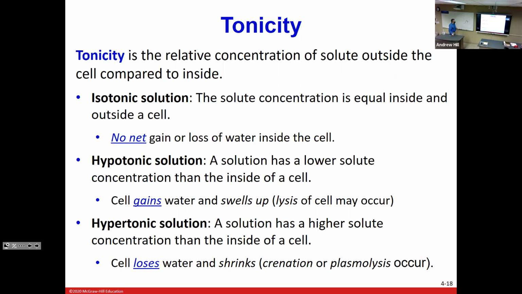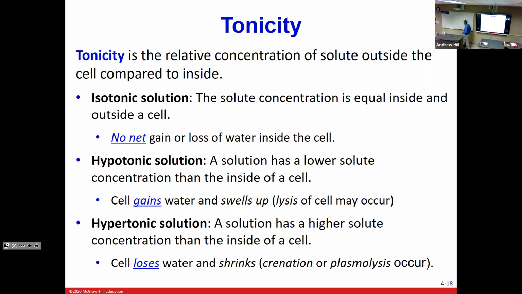So over time, what's our cell going to do? Is it going to increase in volume or decrease in volume? Increase. It's going to increase, so it'll puff up. And eventually it might even lyse, which means it just breaks apart, right? Lyse is to break apart. All right, so that's hypotonic. The cell gains water and swells out, and lysis of the cell may occur.